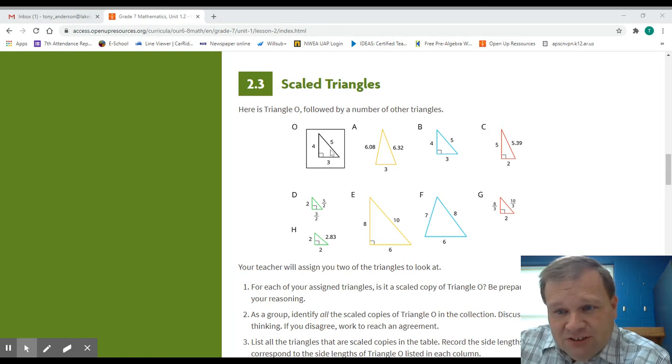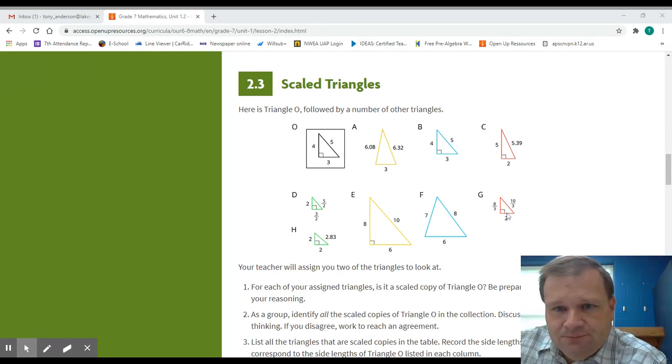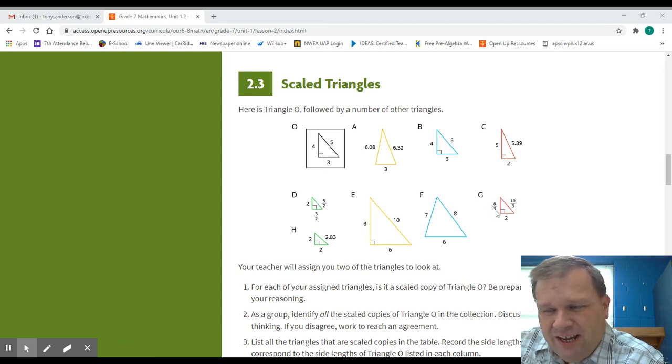There are some other scale copies here for the same reason. Look at G. Well, this one's a little more difficult. 4 goes to 8/3 for that corresponding side. Well, 4 doubled is 8, but then they also divided by 3.